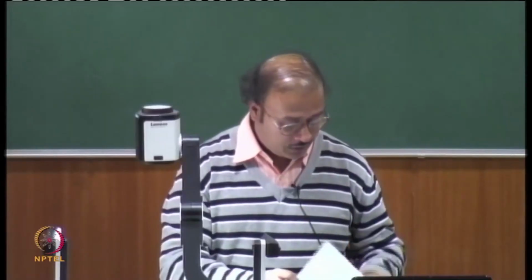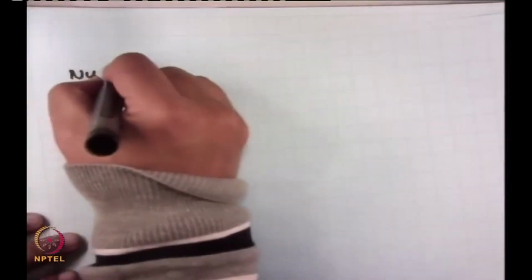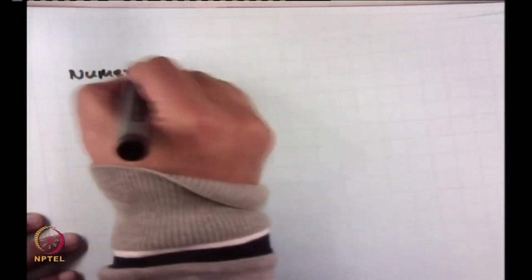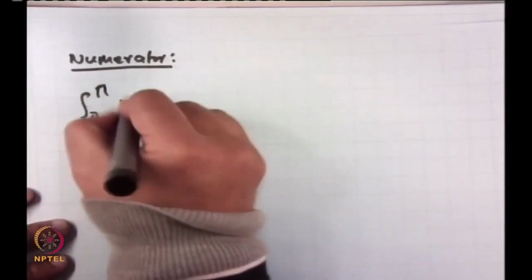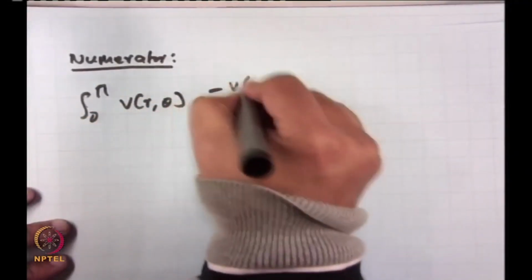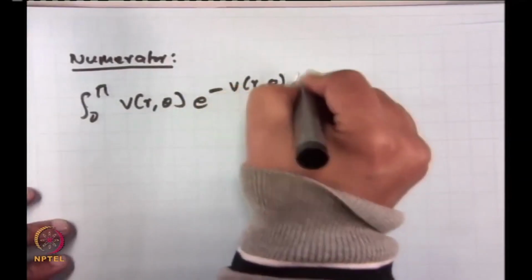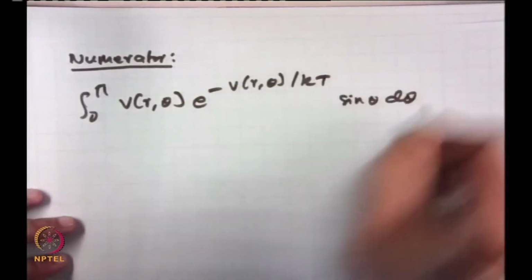Good. If you are done with the denominator, what did we have in the numerator? So let us look at the numerator now. The numerator is 0 to pi V of r theta, e to the minus V of r theta by kT, sine theta d theta.